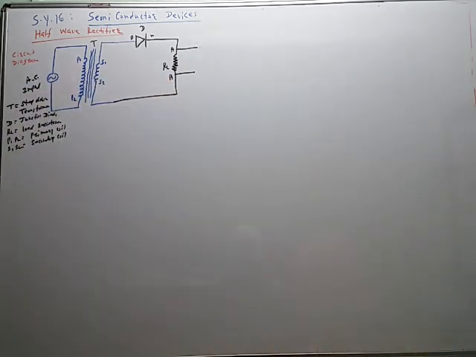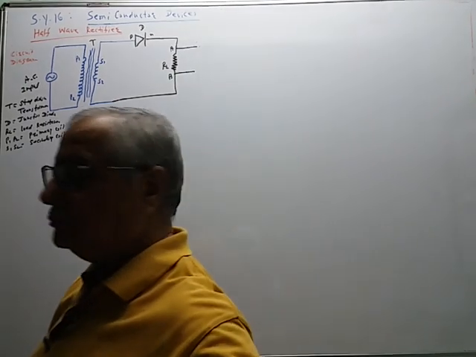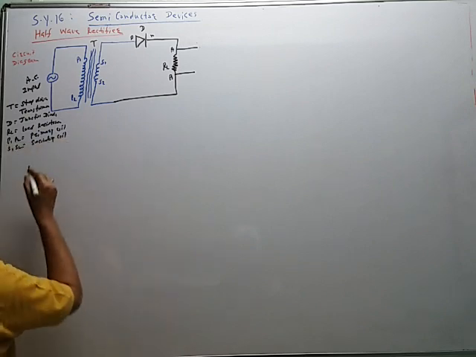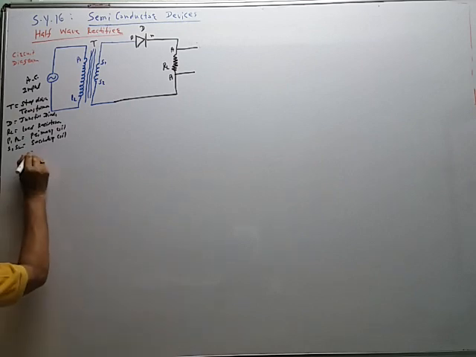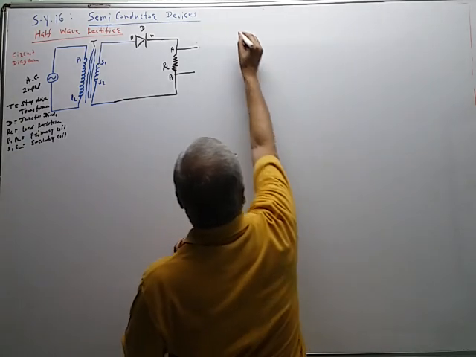Now we are going to see the working, how it works as a half-wave rectifier. So for the working, we are considering two parts. I will explain the working on this side.